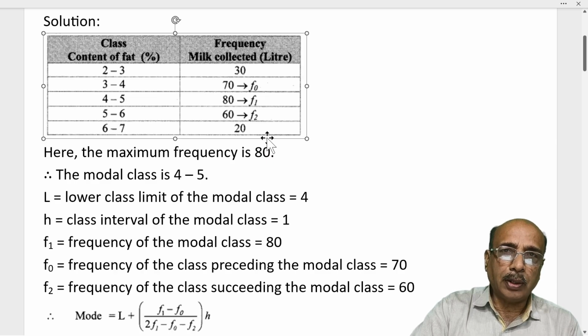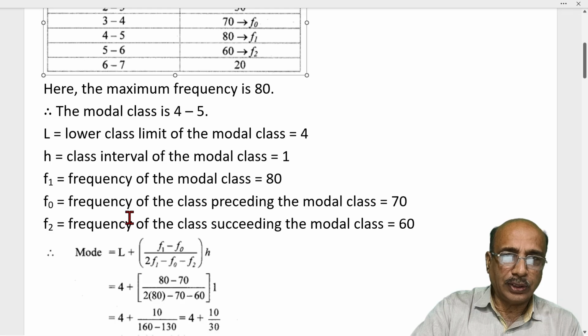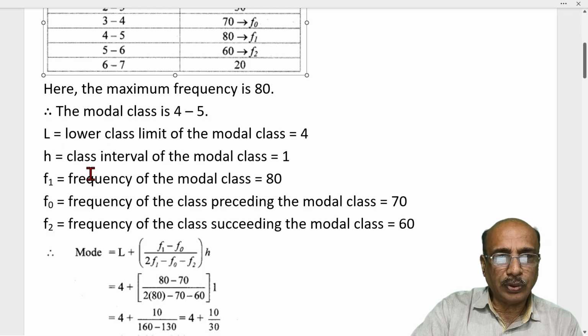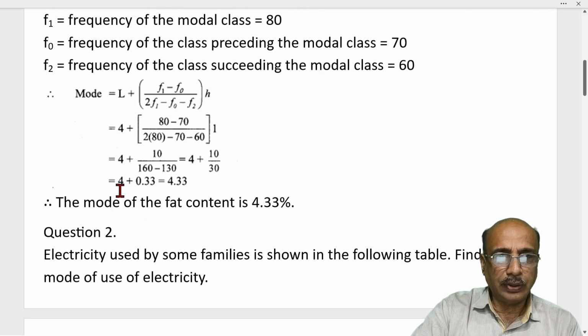When you draw the table, there is no need of writing all these things. Only write L equals, H equals, F1 equals, F0 equals.